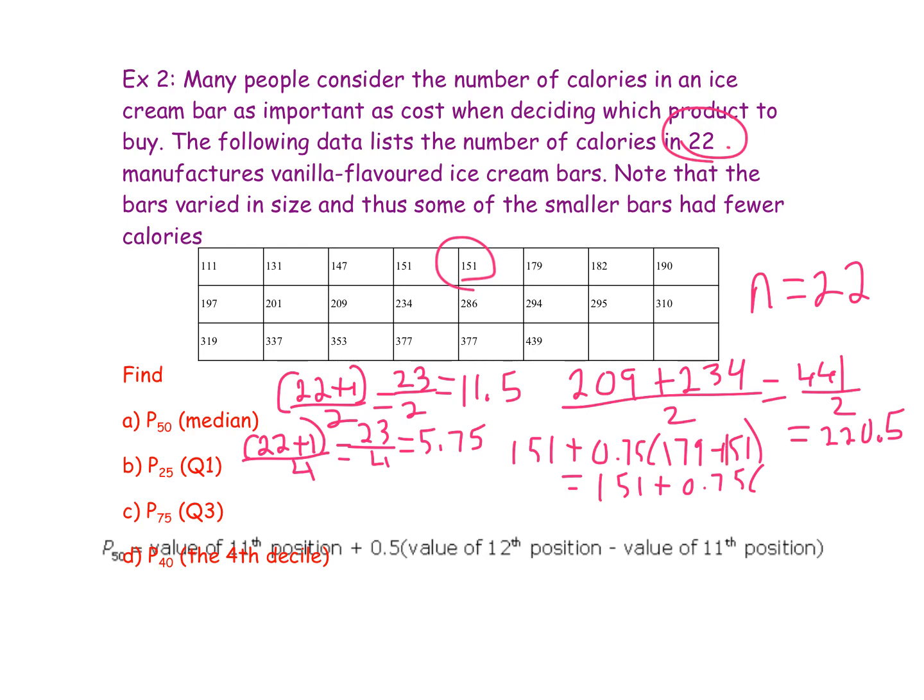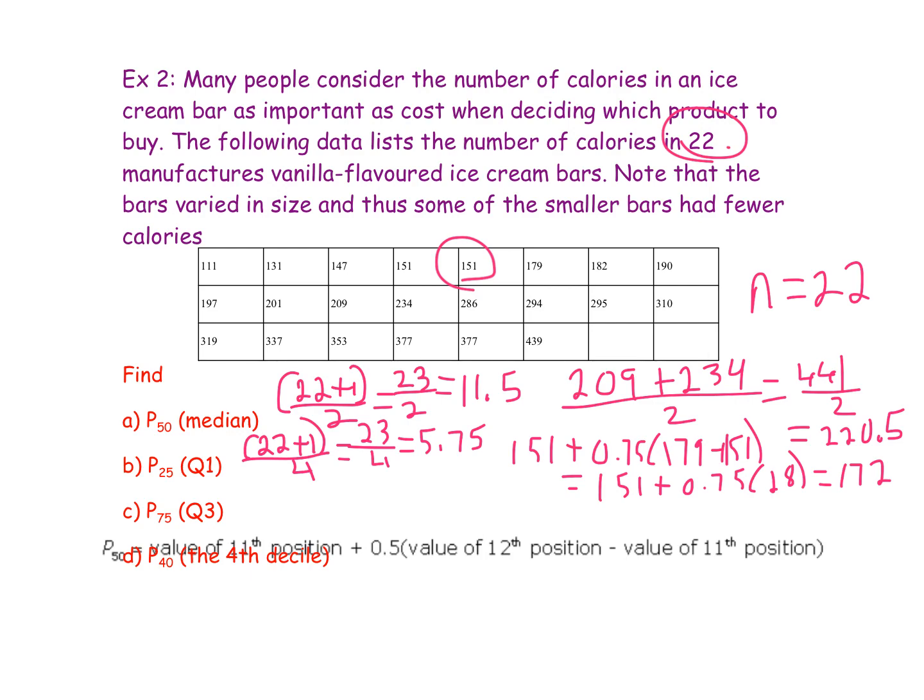And so 151 plus 3/4 of the difference between, sorry, that's not 151, is it? Oh yeah, minus 151, sorry. What's that, 28, okay, and 3/4 of 28 is 21, so I get 151 plus 21, which is 172 for my Q1 value.